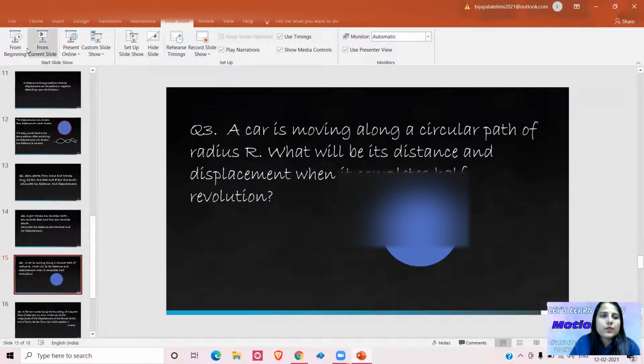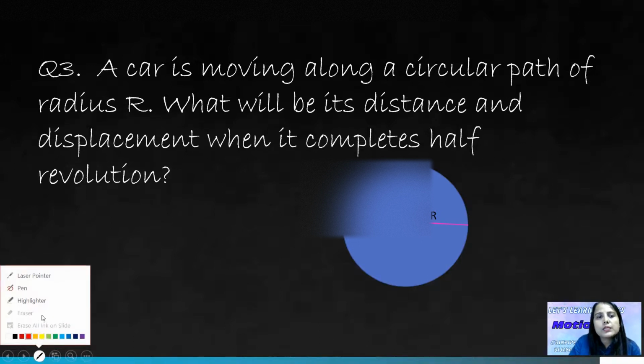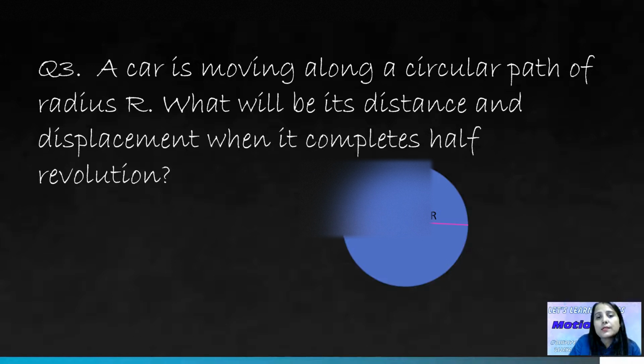A car is moving along a circular path of radius r. What will be its distance and displacement when it completes half revolution? Now here is the twist in the question. Like I had discussed about the total revolution, but here it's given when it is half of the revolution.